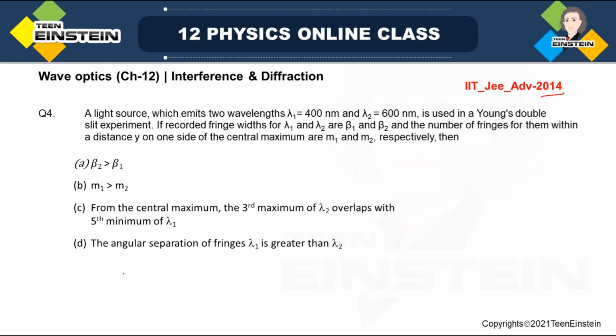So there are questions like this. Let us see how we can solve this problem. A light source which emits two wavelengths, lambda 1 equal to 400 nanometer and lambda 2 equal to 600 nanometer, is used in a Young's double slit experiment.